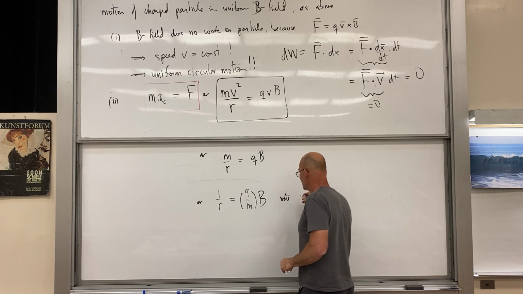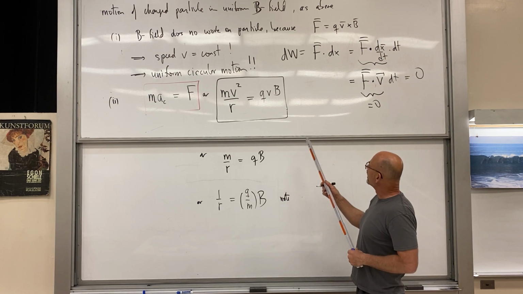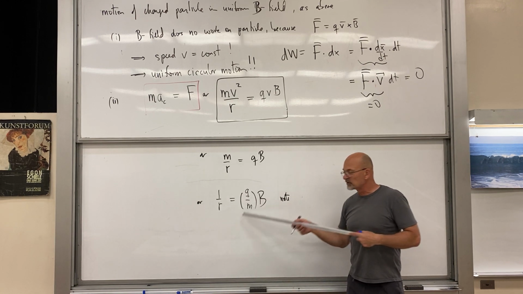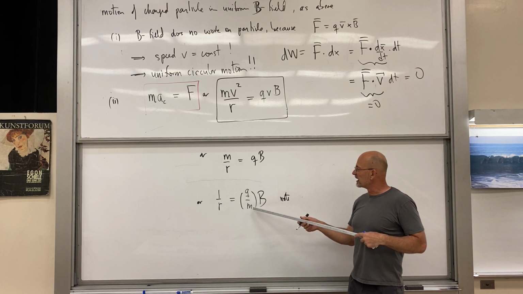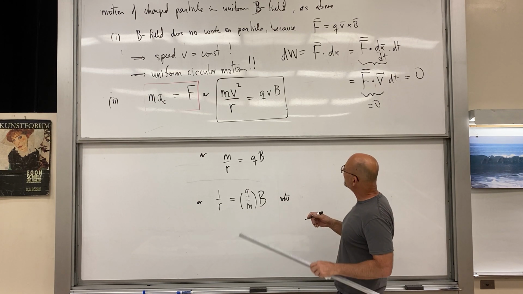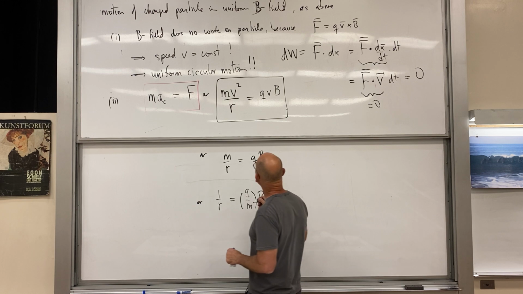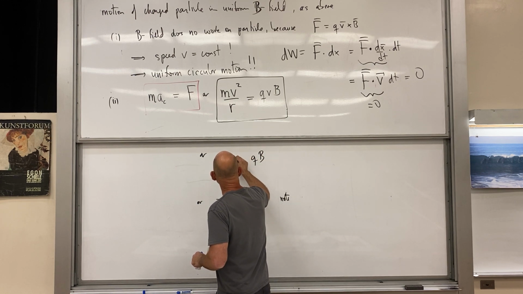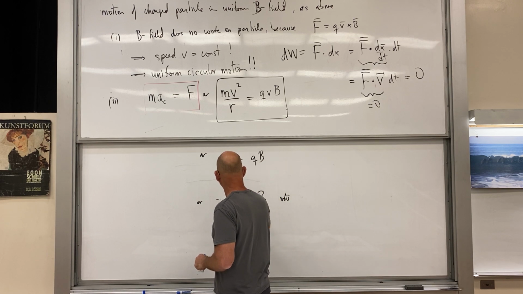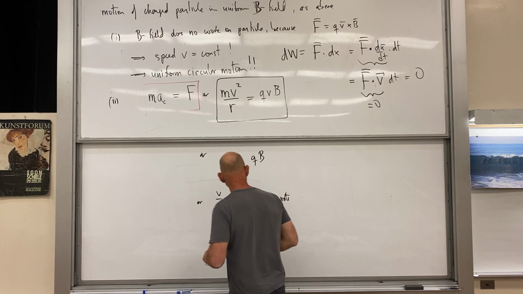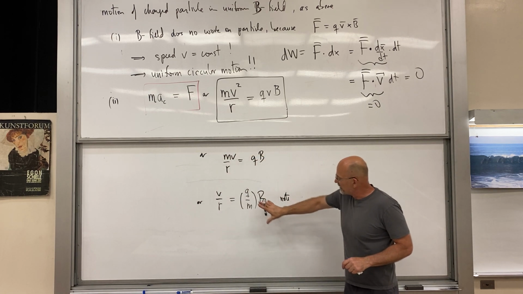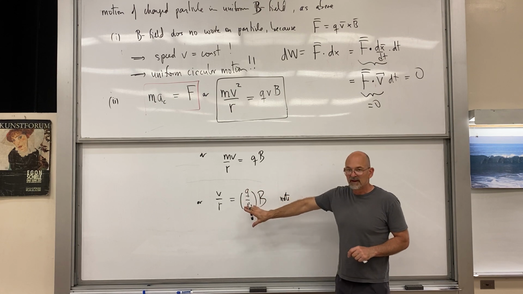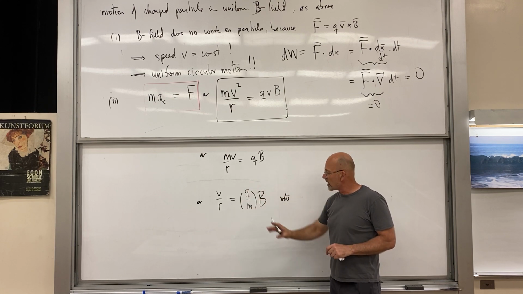So you'd be able to do an experiment, sending something in a circle, and actually I lost the V here, sorry. I lost the V, but I found it again. So MV over R equals QVB, so V over R. So yeah, the important note, Q over M, this ratio always appears.